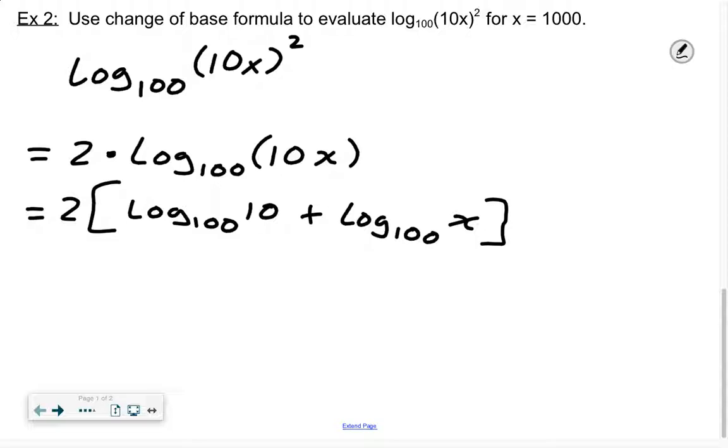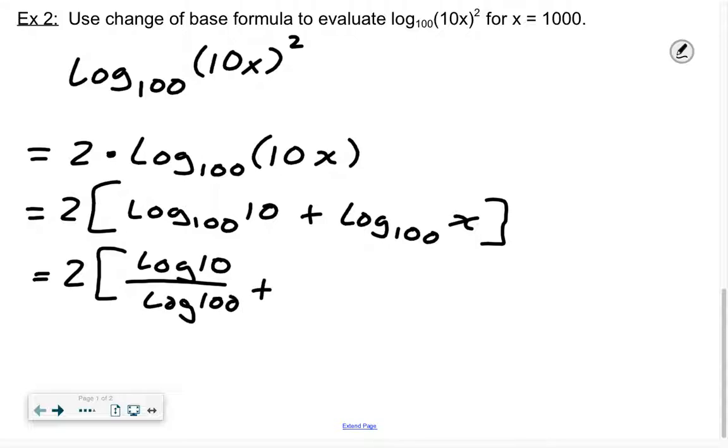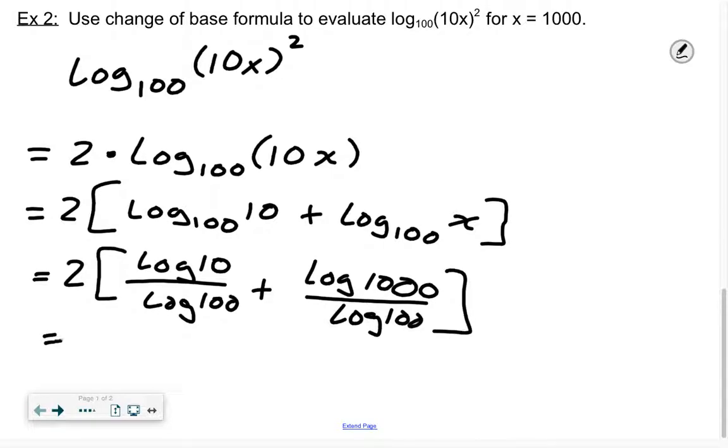But yeah, now we can plug it in again. And let's go ahead and plug in 1,000 for x. So log of 1,000, log of 100. Calculator time. Log of 10 over log of 100.